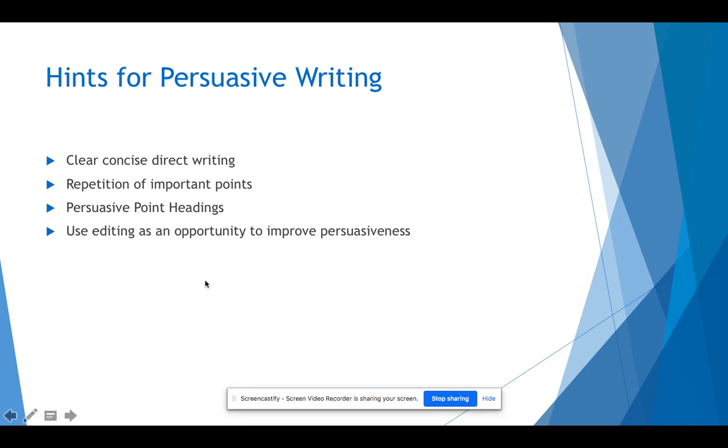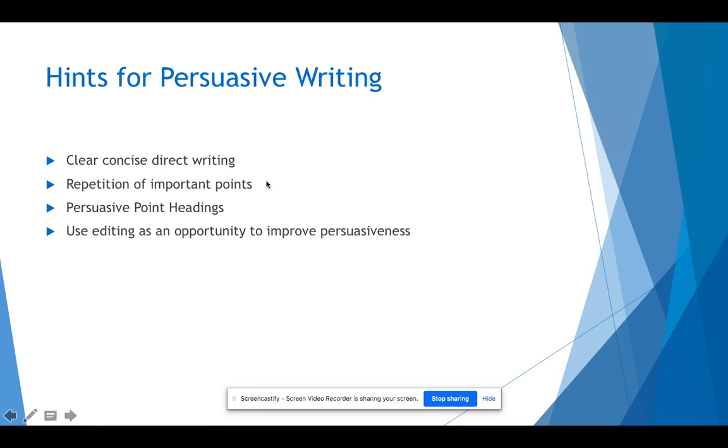Okay, when you're writing persuasively, you want clear, concise, direct writing, just like we talked about last week, right? Short sentences, the KISS principle, keep it simple, stupid, avoid run-on sentences, avoid the passive voice. Important points, repeat them, say them over and over again.